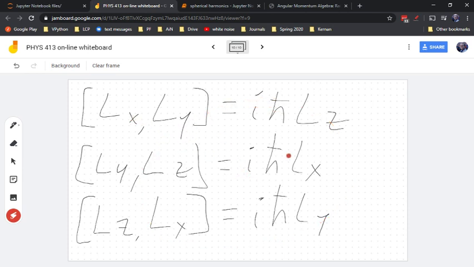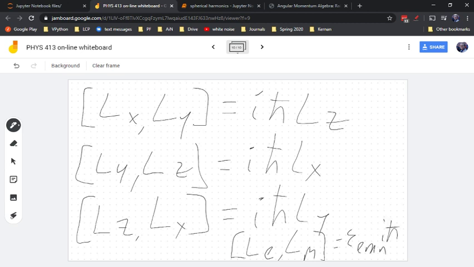There are other fancy ways to write these. If you label them as 1, 2, 3, you can use the famous Levi-Civita symbol to relate these. Yes, Alyssa has guessed, excellent. So Li Lj commutator can equal epsilon ijk i h bar Lk.